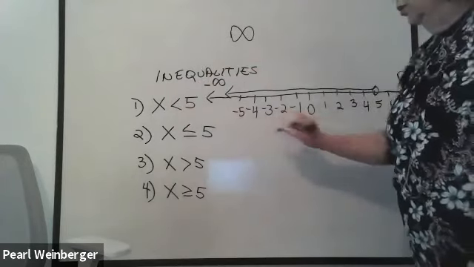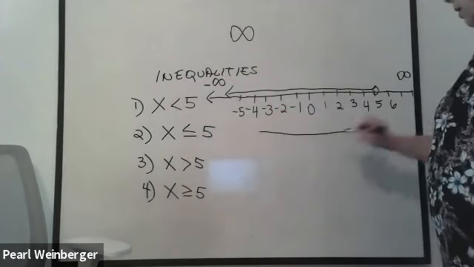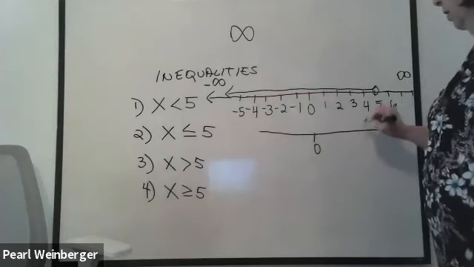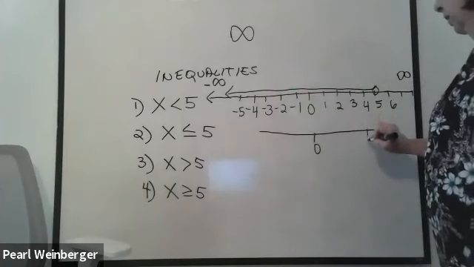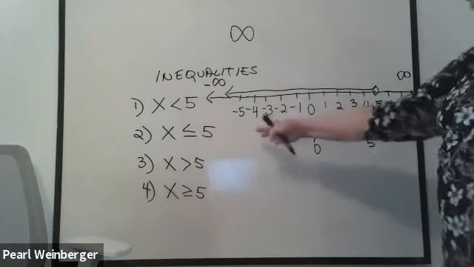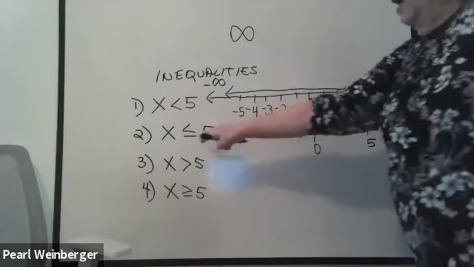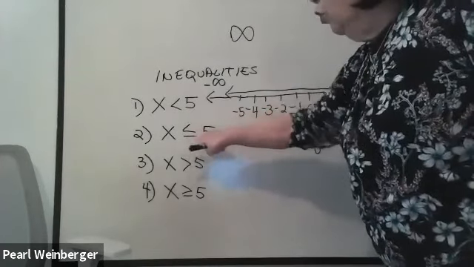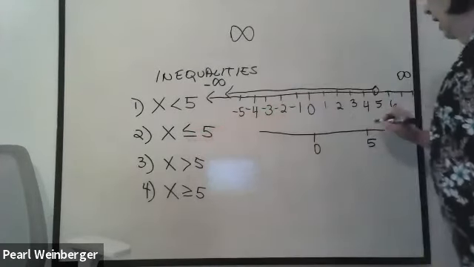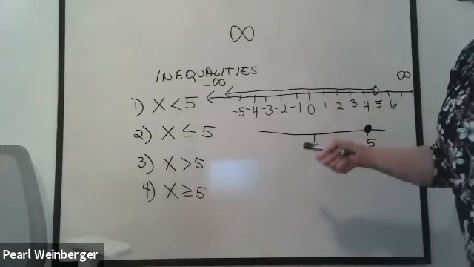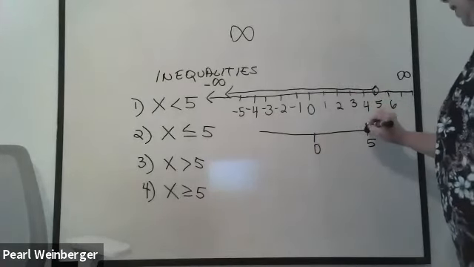Now let's look at this one. Here again, it's a number line. Here's my 0. Here's my 5, because that's the important thing. Of course, all the other numbers are written in, but I'm not writing them. When I say X is less than or equal to 5, it's filled in. I fill in the point at 5 because 5 is one of the answers and make my arrow from there going to the left.